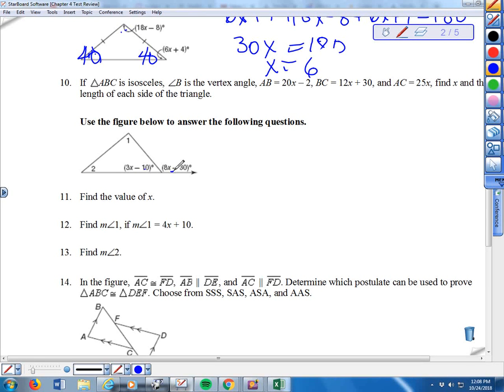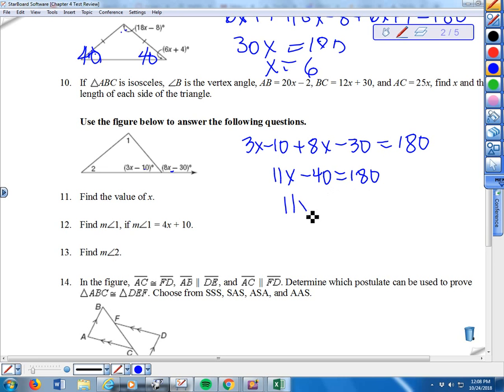Good. 11x minus 40 equals 180. 11x equals 220. So I found x. X is 20.